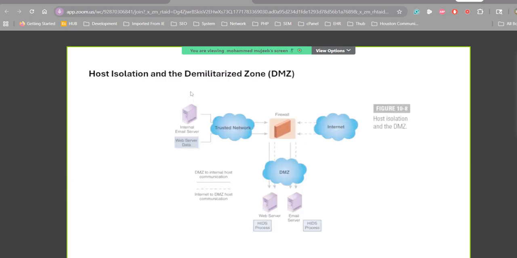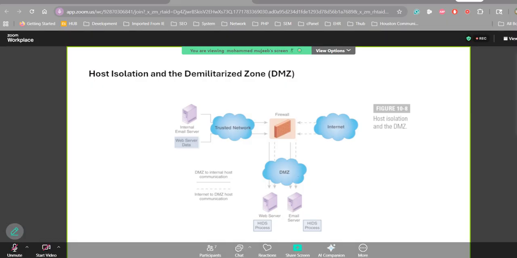Host isolation and the demilitarized zone, right? You can also look at the demilitarized zone, DMZ. It's not like the war DMZ or anything like that.